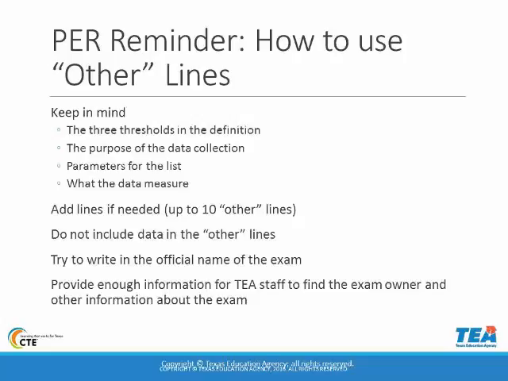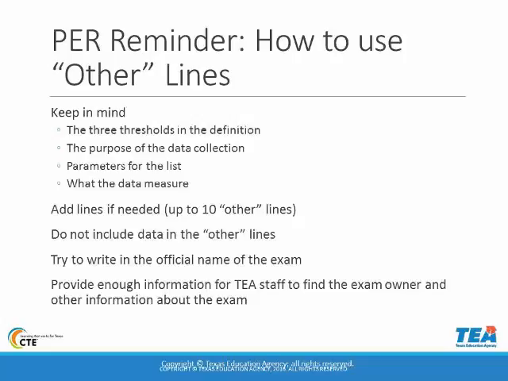It's really important, a couple of things are important. There's no need to put data on that line. If you had 40 kids take the test and 39 of them pass it, we don't need to know that on that line, because again, that data does not reflect into your 2S1 data. All we need is the name of that exam, but what we need there is the official name of that exam.